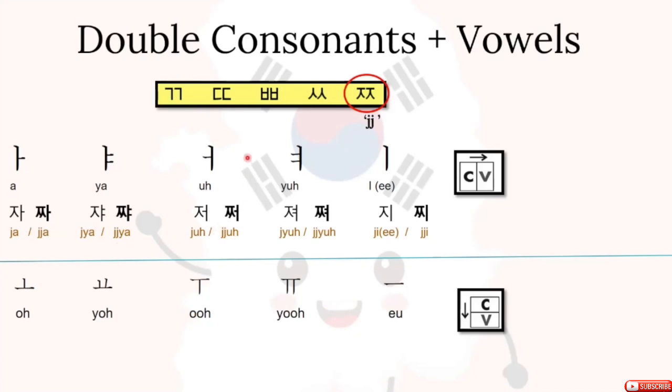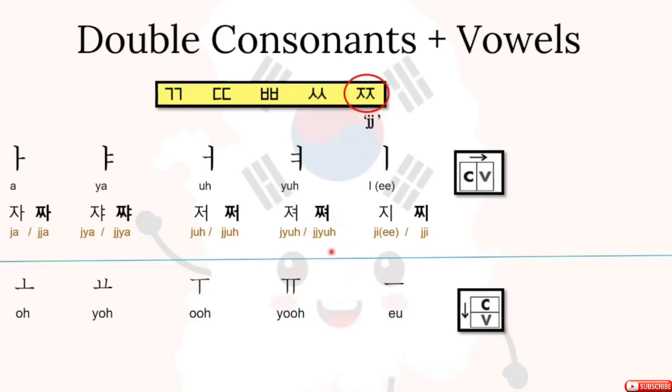Okay, next one. Single consonant and 저, double consonant, 저, 저. All right, next one. Once again, it sounds very similar to the 저. All right, the 여, 저. So it's 저, and the double consonant, 저.